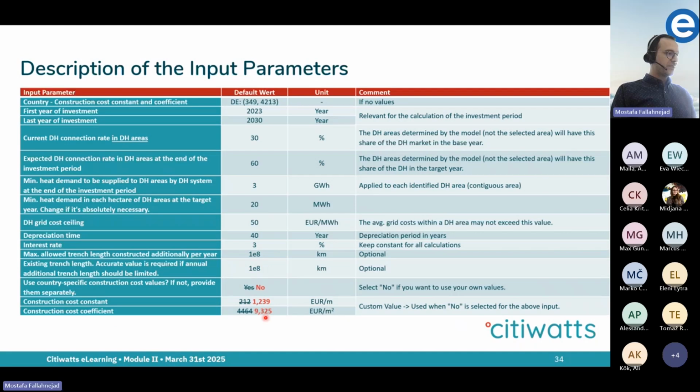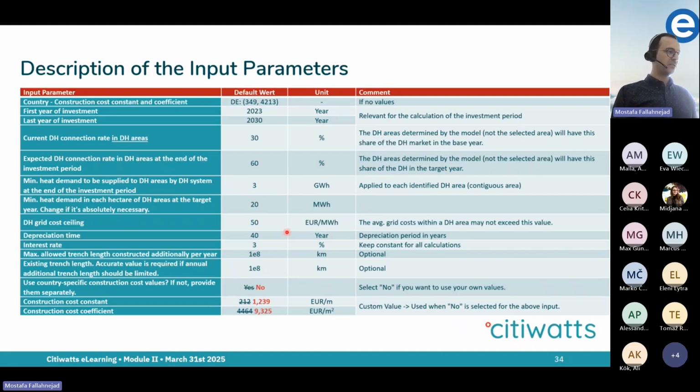And the last parameters are for construction cost. The default values that we have provided come from the Synergies project. It's another European project, but the default data from them is from the year 2018. Still a good starting point for the analysis, but a little bit low.